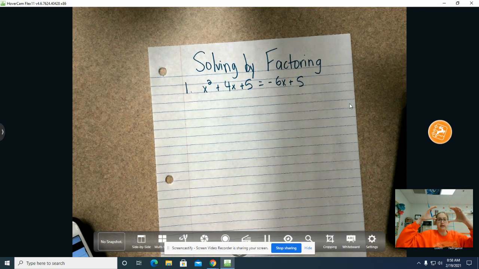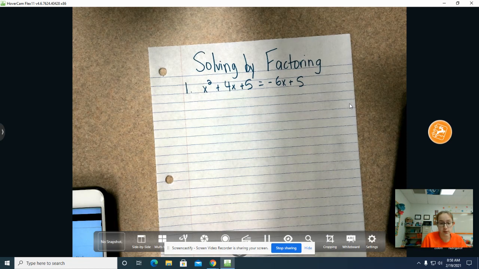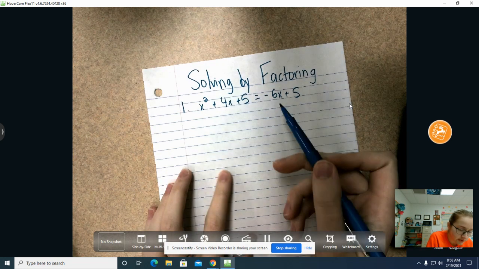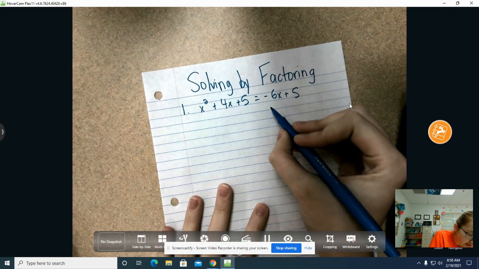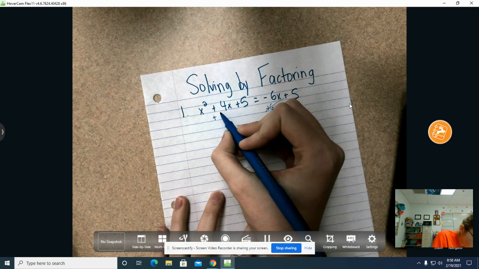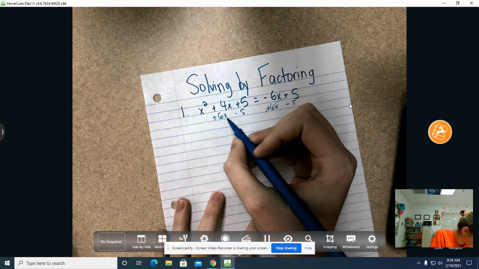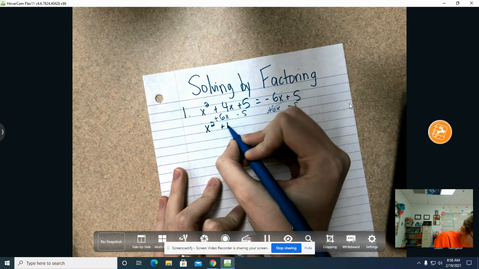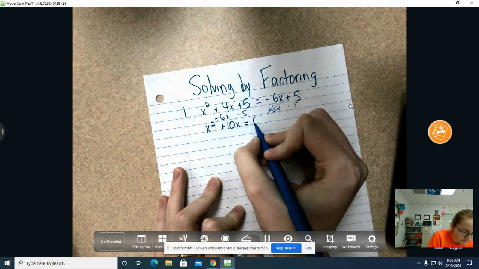We're taking stuff in a more complicated form and breaking it down to a simpler form. But before you factor, everything has to always be set equal to 0. So we're going to have to move this over. We're going to add 6x and subtract 5, and we're going to have x squared plus 10x equals 0.